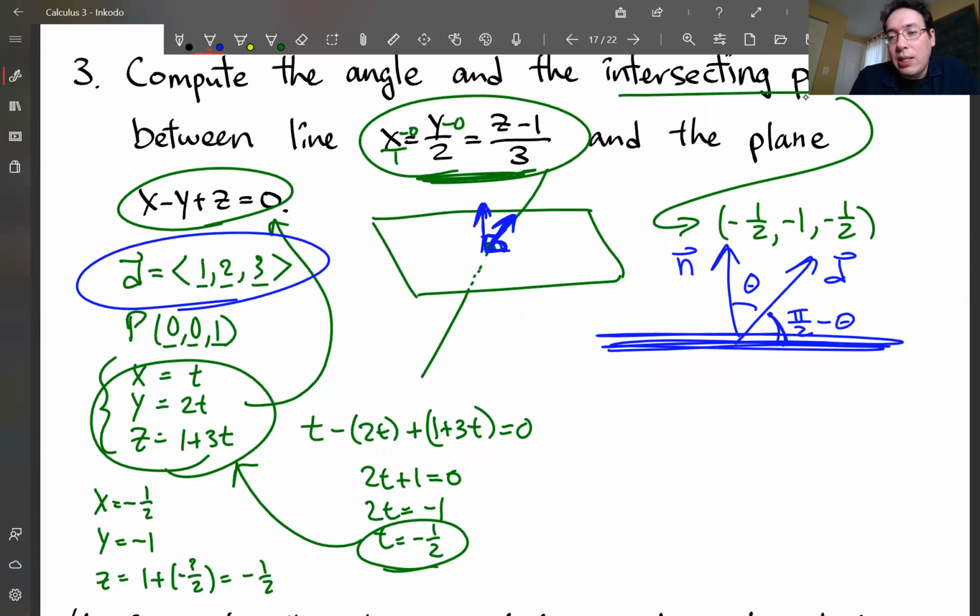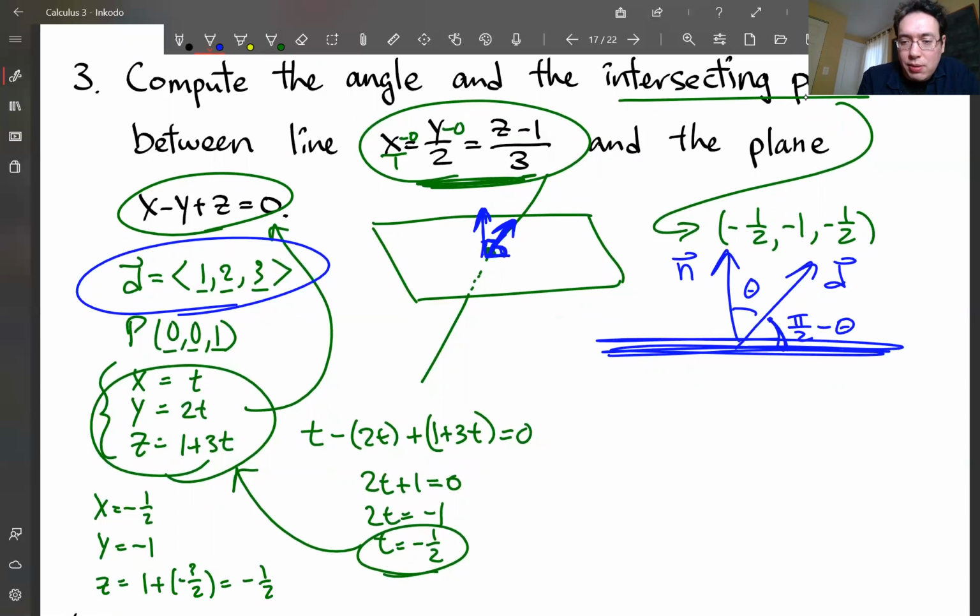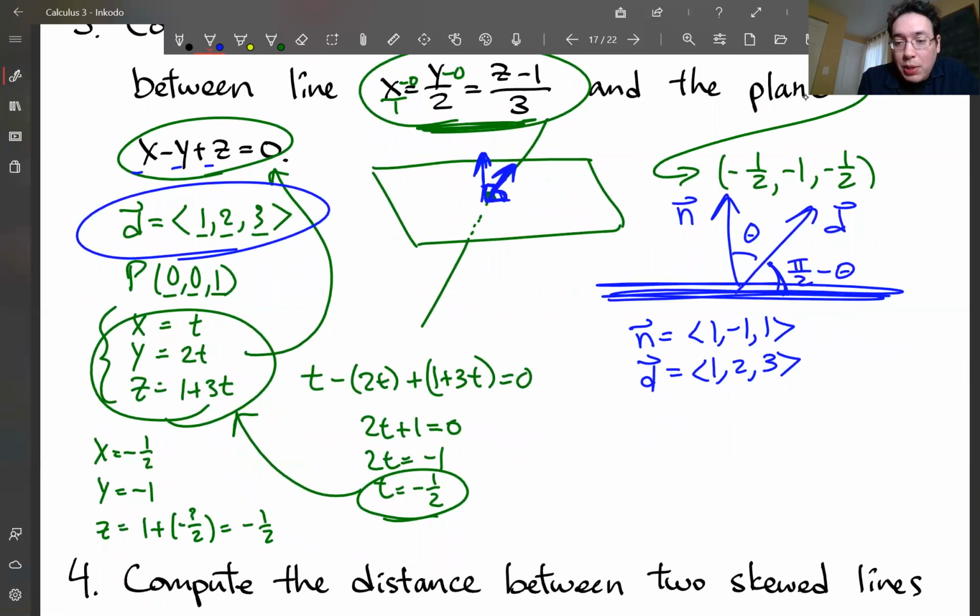And I know how to find angle between two vectors. So let's see, the normal vector for the plane is the coefficients of x, y, and z. So 1, -1, 1. And I know the directional vector for the line is 1, 2, 3. Okay. I need to compute the dot product between them. Let's see, 1 times 1, 2 times -1, and 3 times 1. So 4 minus 2 is equal to 2.